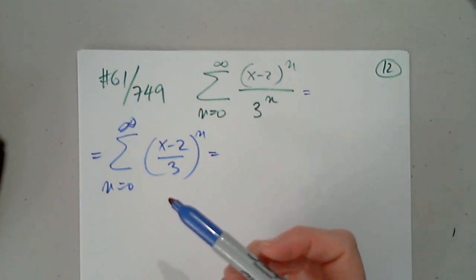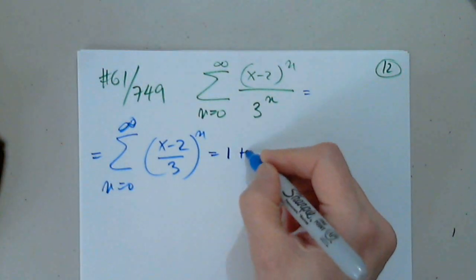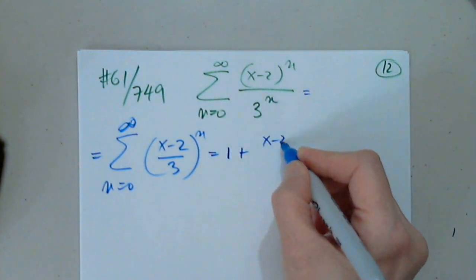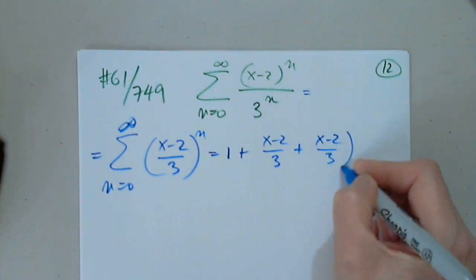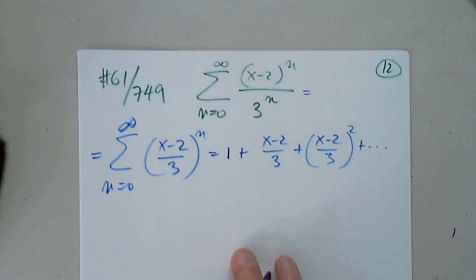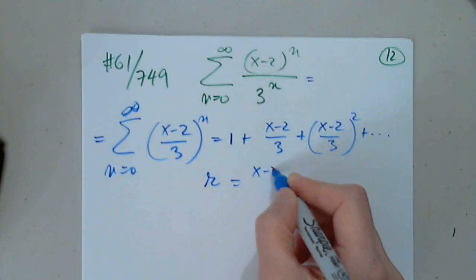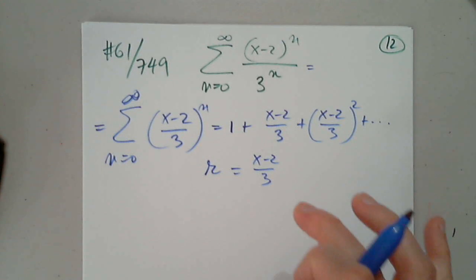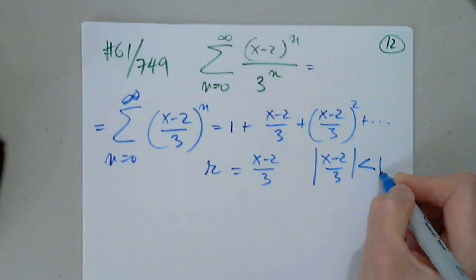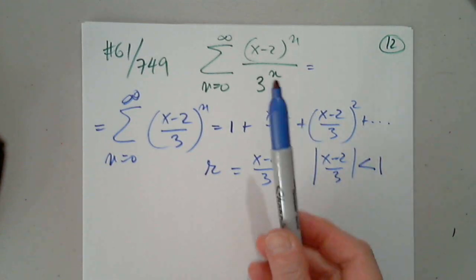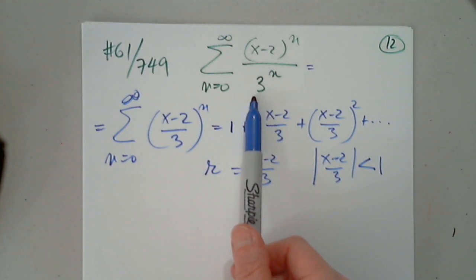When n is 0, this is 1, plus when n is 1, (x minus 2) over 3, plus when n is 2, ((x minus 2) over 3) squared, plus dot, dot, dot. It's very clear that the common ratio is (x minus 2) over 3. If the absolute value of this expression is not less than 1, the infinite geometric series will be divergent.